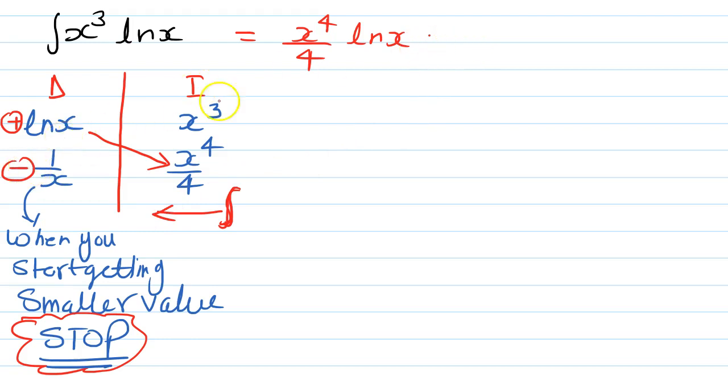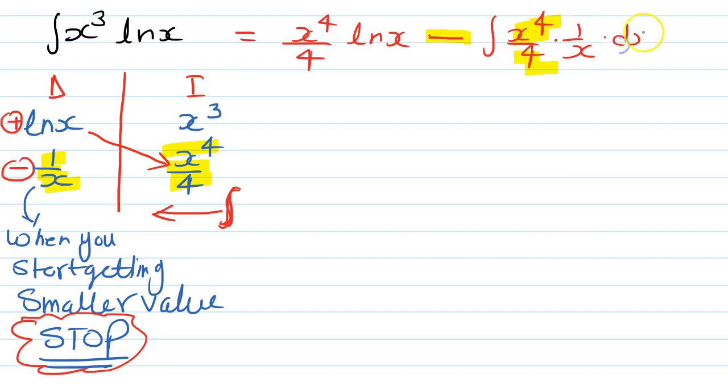Because there is a minus sign, you put a minus sign here, integration of x to the power 4 over 4. This yellow term x to the power 4 over 4 you write down here, and then this 1 over x you write down here, and this minus sign you have already put here. So x to the power 4 over 4 times 1 over x times dx.